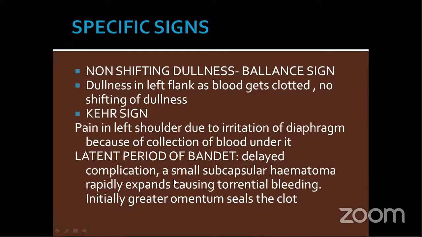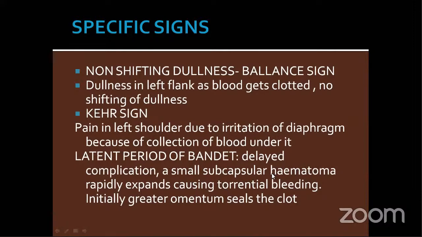So it is a delayed complication. A patient has come who is absolutely hemodynamically stable and you have diagnosed some 3 centimeter hematoma. Okay, you have admitted the patient for 24 hours observation. You have discharged him. Suddenly, within few hours, the patient comes to you in a stage of shock. Why? Because of the rapidly expanding subcapsular hematoma.